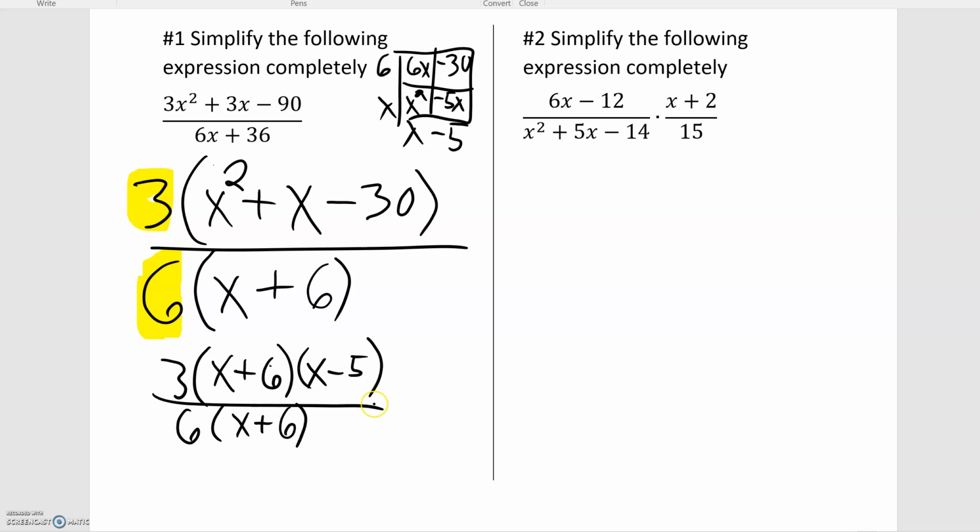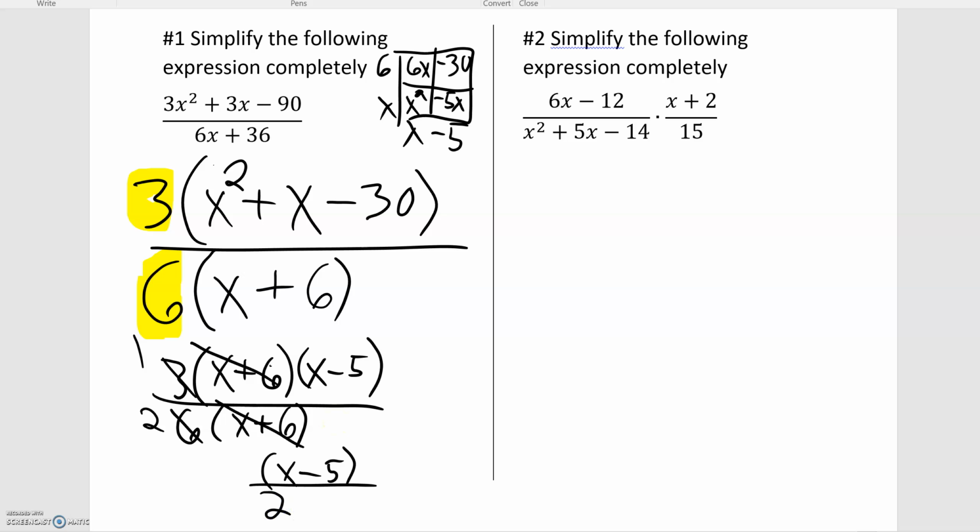And now I'm just going to look for some common factors. Okay, so x plus 6 and x plus 6, those are the same. I can cross those out. And then 3/6, that's the same as just 1/2. So my final answer would be x minus 5 over 2.